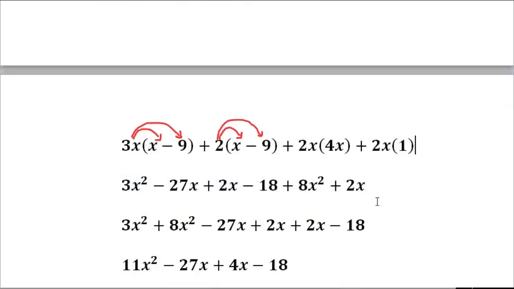Now I will distribute 3x to the x and to the negative 9. And then we can distribute 2 to the x and to the negative 9.